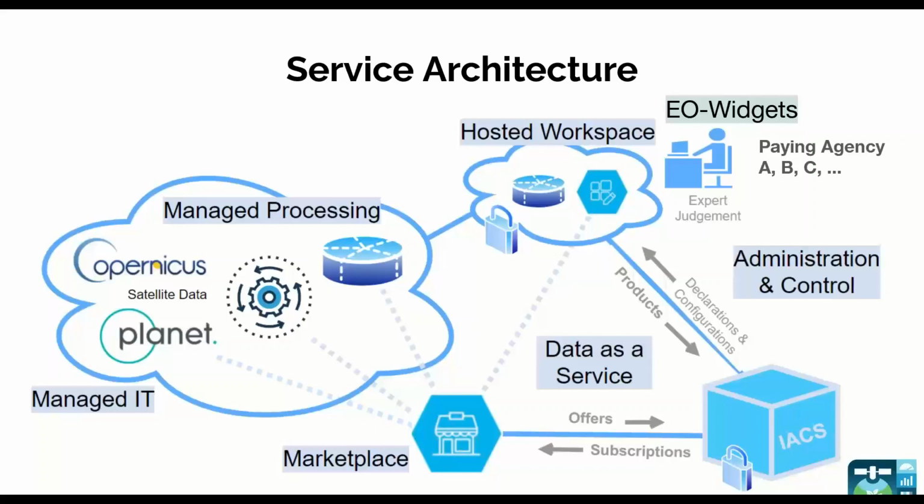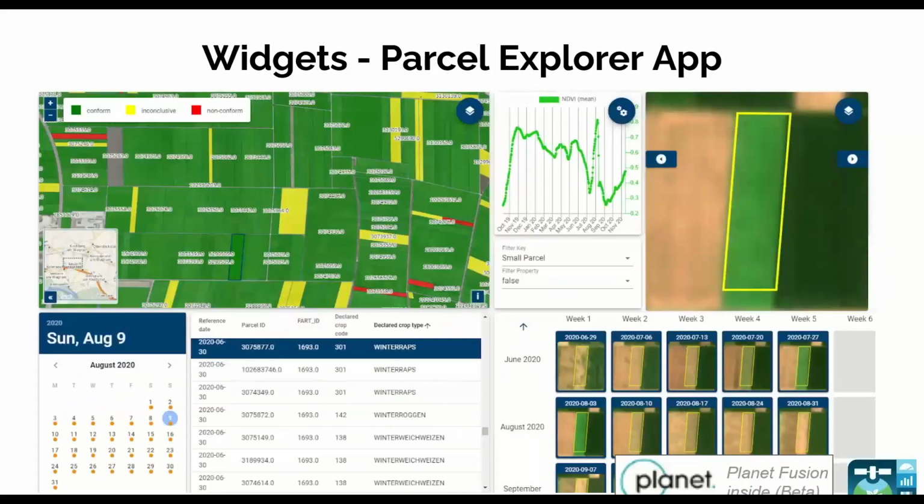Now, on the next slide, I would like to introduce, if you can move on with the slides. Yeah, you can see how the front-end graphic user interface looks like.